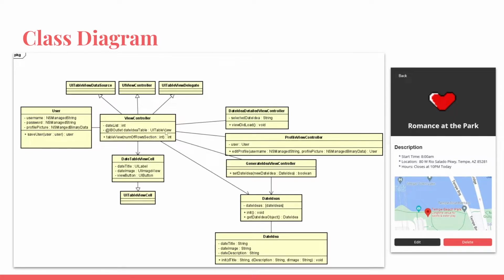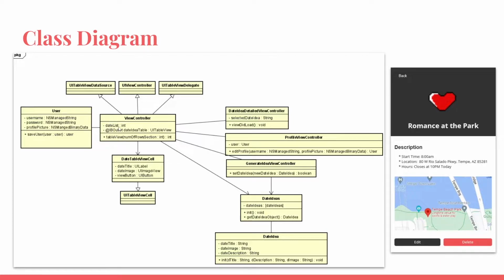So starting off from the main view controller, this will be basically our table that contains all of these dates. So it uses the UI table view data source, UI view controller, and UI table view delegate to make this possible. So from here, we're going to have a whole bunch of cells that contains the date idea.